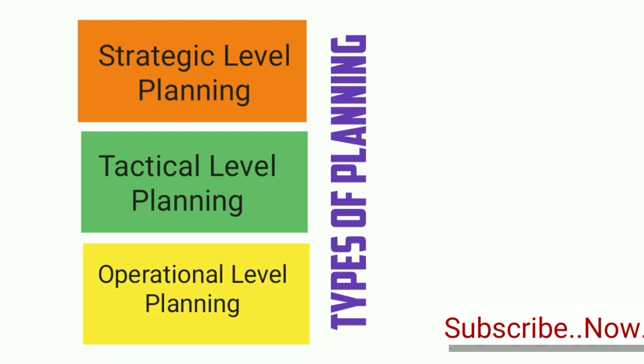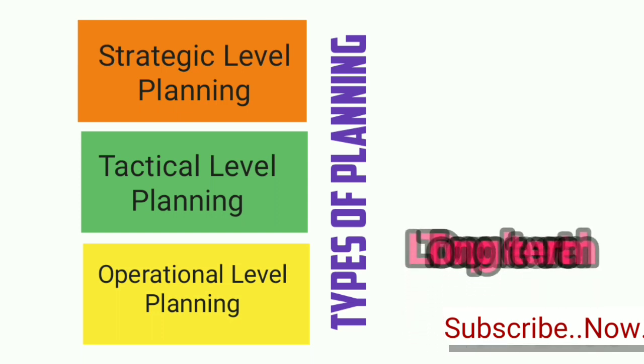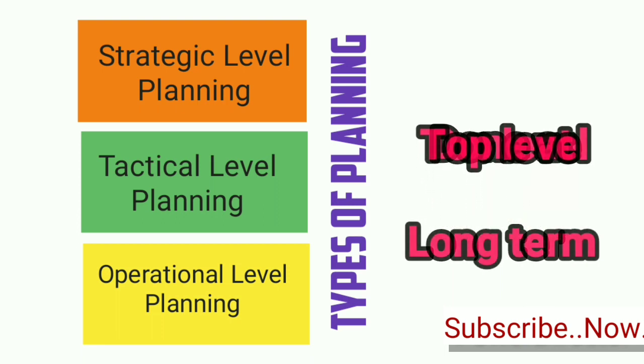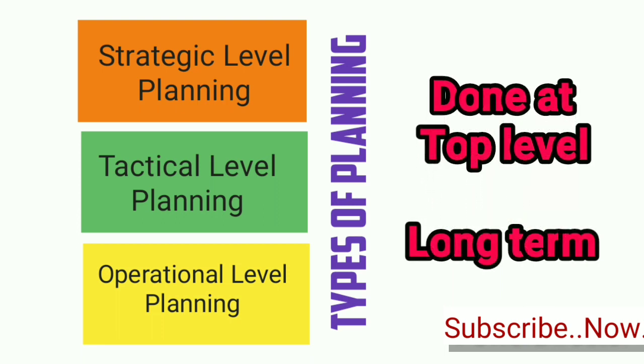Planning is done at various levels. As we discussed earlier, there are 3 levels of organization: strategic level, tactical level, and operational level. Strategic level planning is done at the top level, where directors, CEOs and everybody take long-term decisions in an organization.